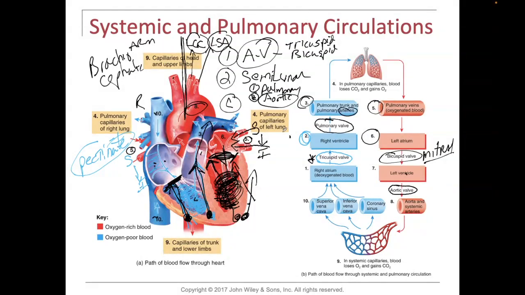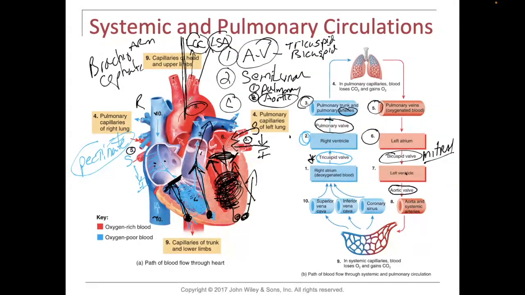The lungs pick up the oxygen, drive it into the pulmonary vein, into the left atrium, through the bicuspid, into the left ventricle, left ventricle pushes it up through the aortic semilunar valve into the arch of the aorta, and the cycle continues and continues.